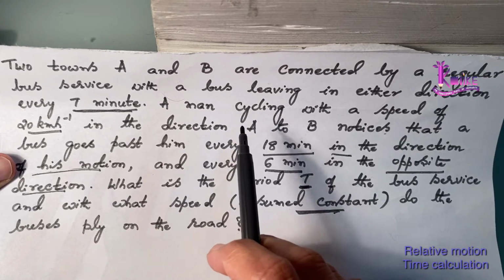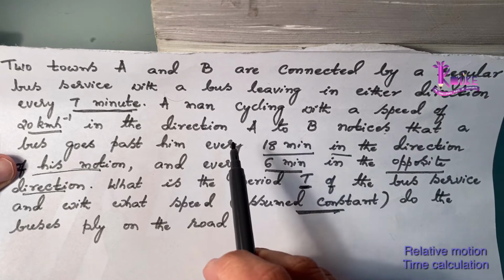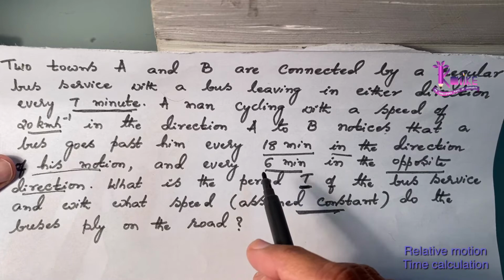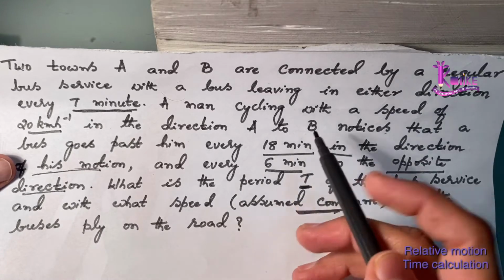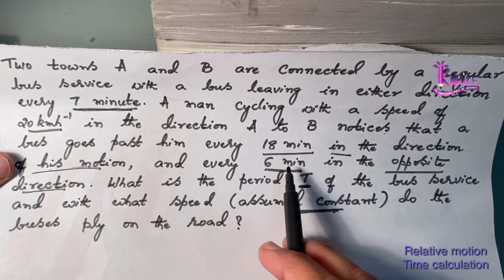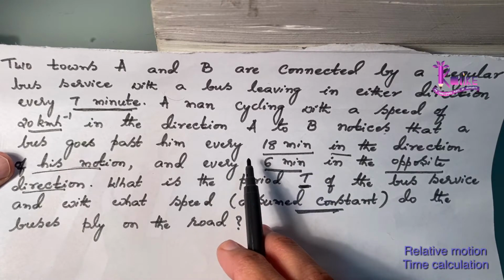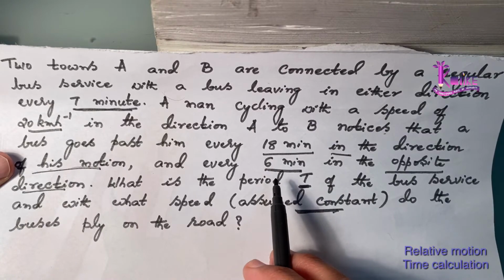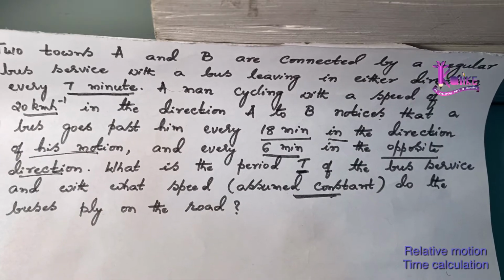So this is a numerical based on relative velocity, because all the three frames of reference are in relative motion to each other. When the cyclist spots the buses in either direction, both the buses are in motion and the cyclist is also in motion. So you will have to take into account the relative motion of the buses with respect to the cyclist when you want to solve the problem. So let's see how we go about this.